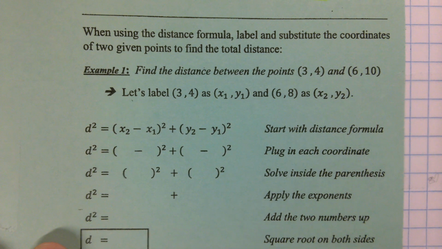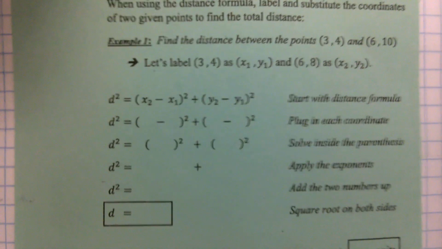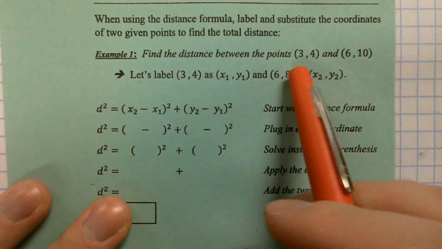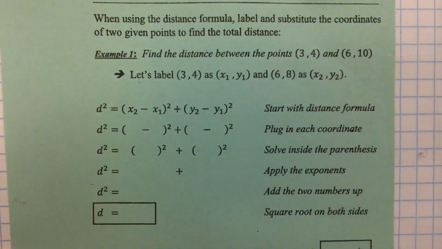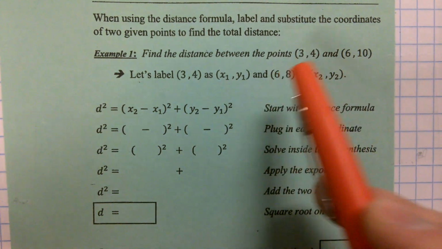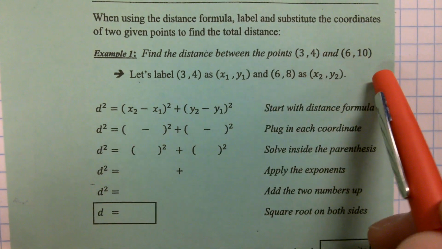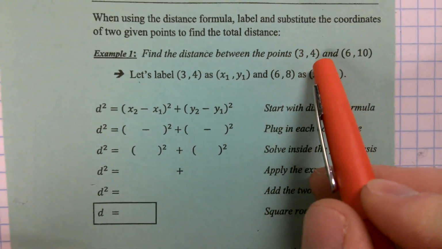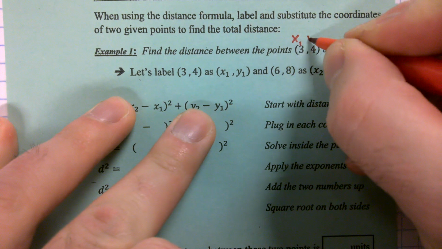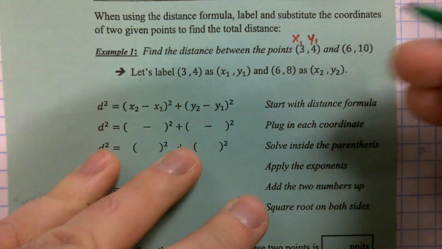Well, let's do these two. So, I got 3, 4, and I got 6, 8. If you remember from the slope formula, which I know was a long time ago, hopefully we remember, we're just going to label left to right, x1, y1, x2, y2.